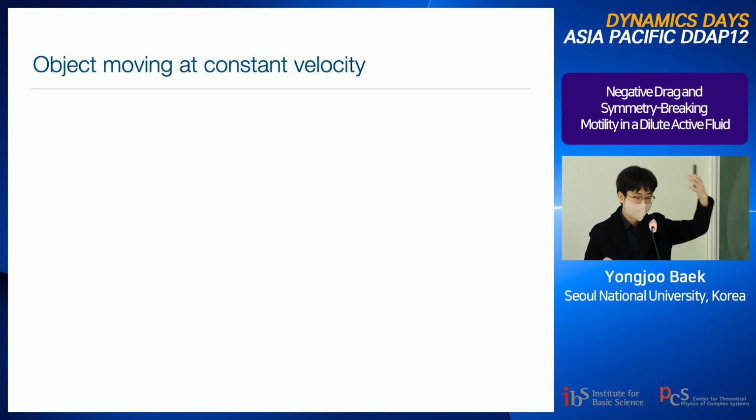It is difficult to solve this problem exactly, but still we can have some analytic method. We are assuming some kind of mean field approximation. We start by assuming that the object is allowed to move at a constant velocity in some direction.